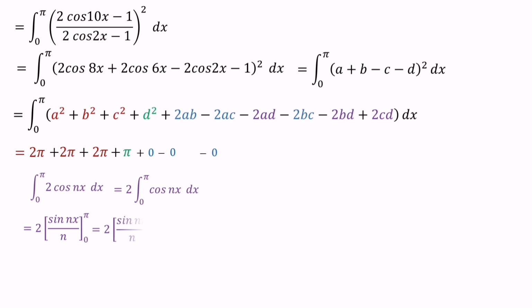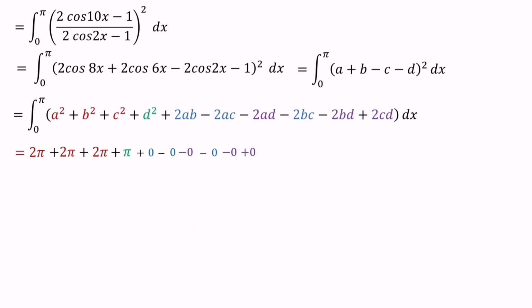After that we can substitute the upper limit and lower limit. Sin n pi equals 0 because n is an integer. Sin n times 0 means sin 0. Sin 0 equals 0. Then we can get the final answer as 0. So the integrals of 2AD, 2BD and 2CD are also 0. So we can write the final answer as 7 pi.